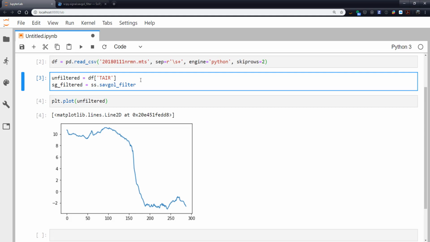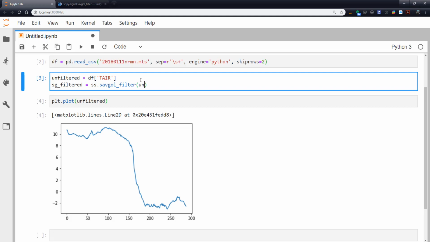Chemists use this filter a lot. And I really like it because in some data with sharp breakpoints in it, it does a good job of preserving the trend, but filtering out small number of points that have large excursions from the mean by using this polynomial fitting technique.